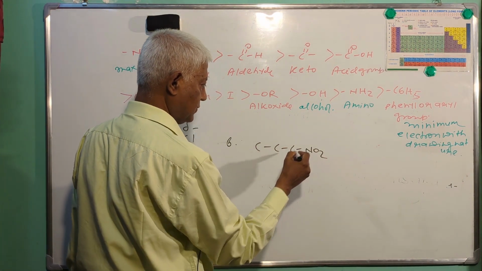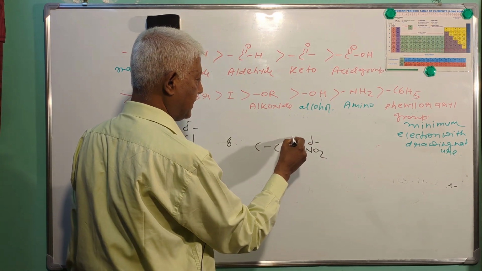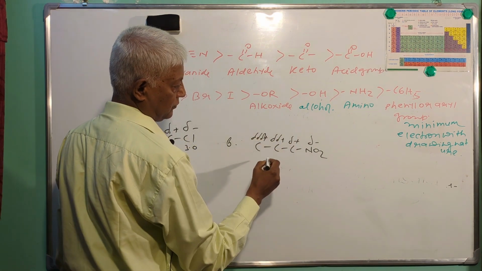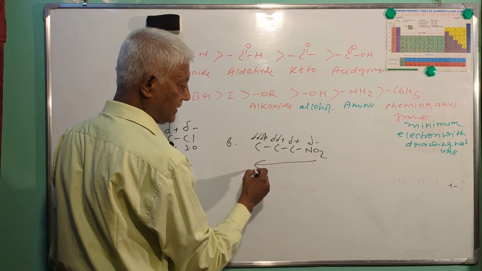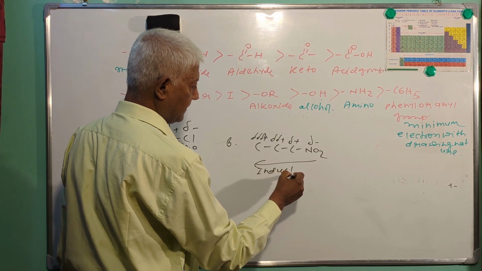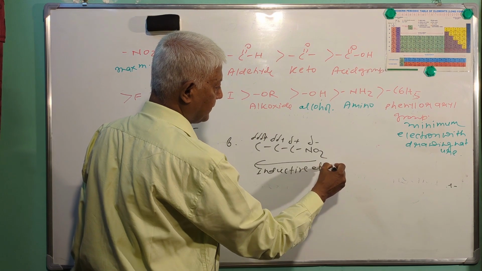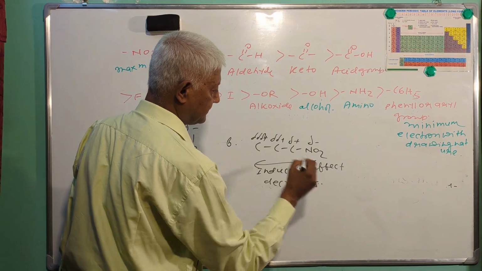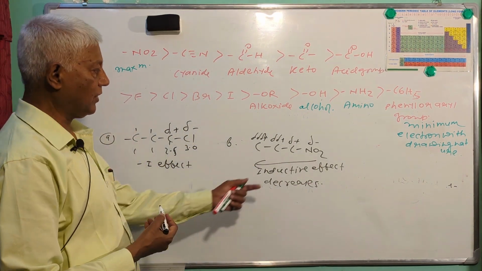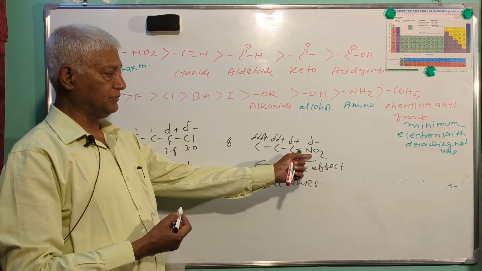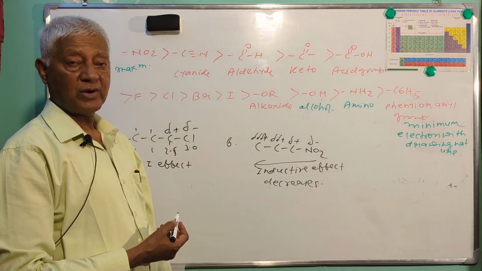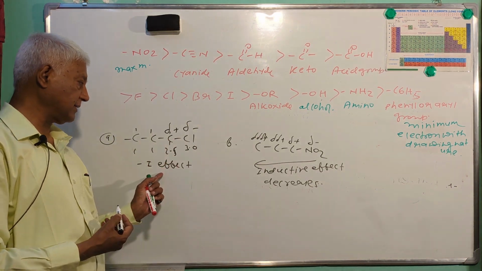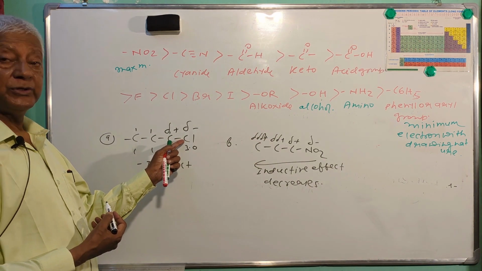Likewise, the second example is the nitro group. It develops a slightly negative and a slightly positive charge, so the inductive effect decreases along the chain. It is also an example of the negative inductive effect, because it develops a negative charge. Why does this inductive effect take place? Because of the presence of an electron withdrawing group.